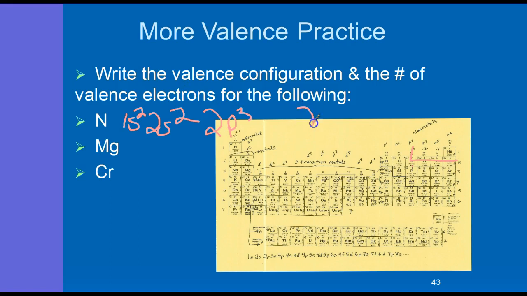The valence configuration is 2s2 and 2p3, because we don't use that inner part. We use the outermost part. So the number of valence electrons is 2 plus 3, which is 5. Let's check this chart. If you look at that bottom number, it's 5, and the group number is 5. So it's 5 valence electrons.